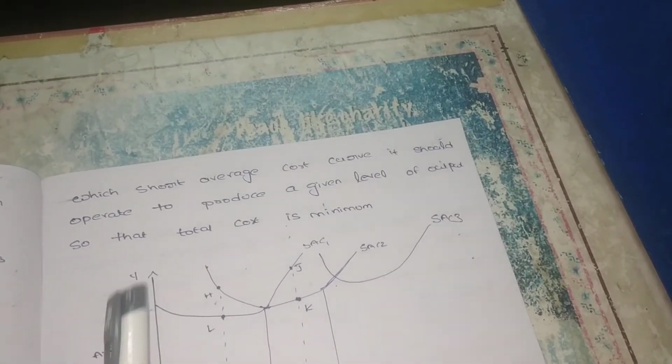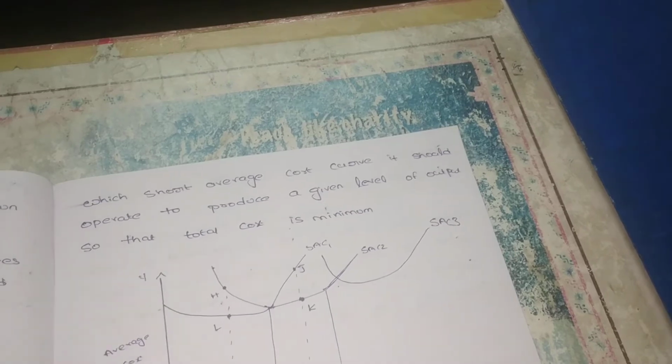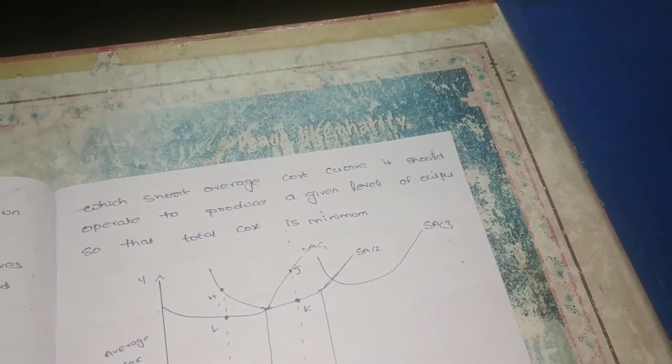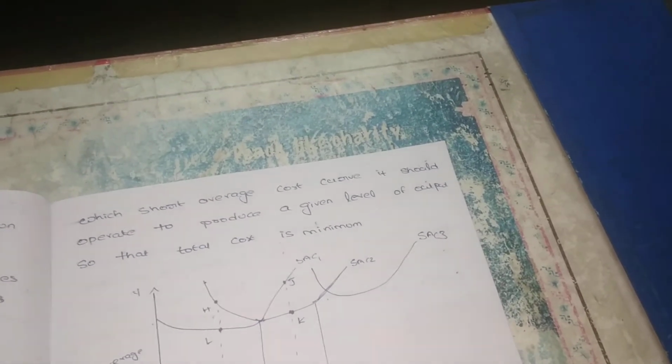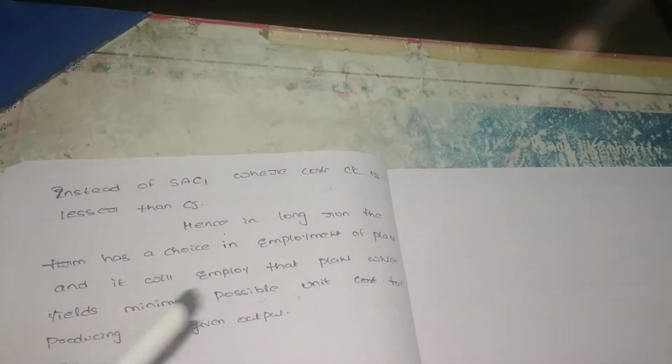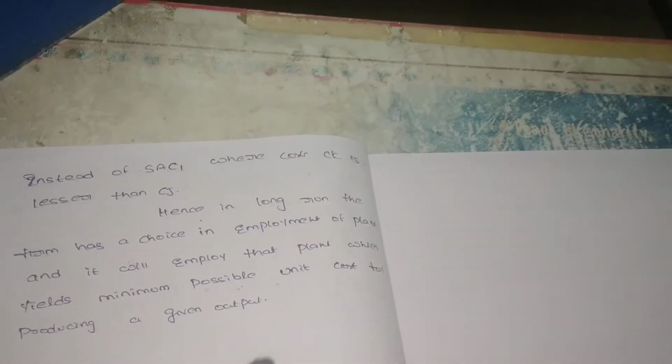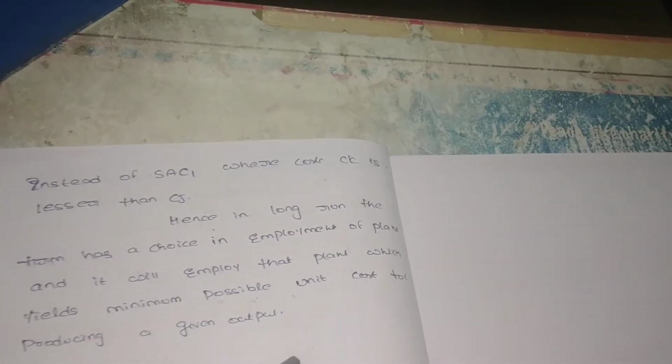Here we are comparing two costs, and whichever gives the minimum, the producer will go for that particular plant. The final conclusion of the long run cost curves is that the producer has a choice of which plant gives minimum possible cost, and will go for that plant.